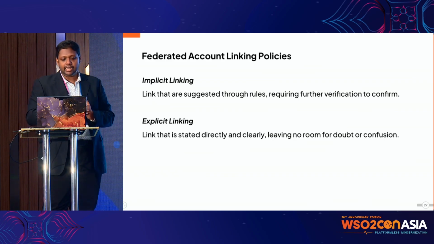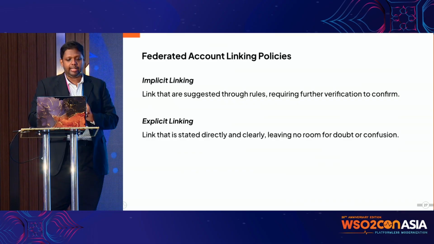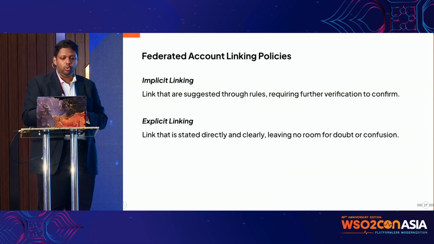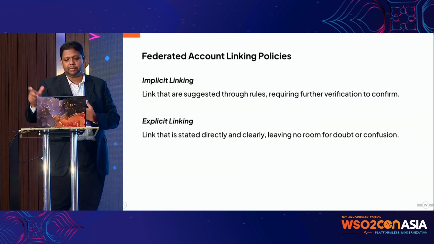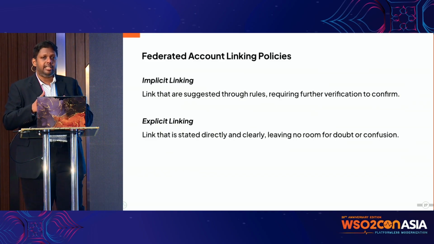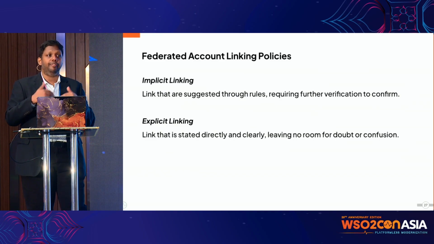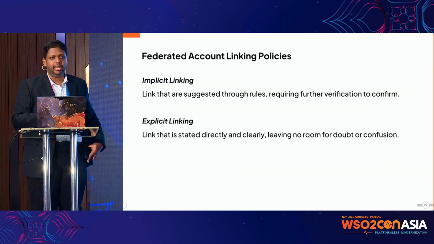So with implicit linking, basically the link is suggested through some rules which require further verification in order to be confirmed, right? So for example, when you say rules, you can say, okay, if the first name this many letters match, or the last name this many letters match, if the email matches, if the mobile phone number matches, whatever, you can write your rules, and still it cannot be confirmed, so you need to verify the user by asking some questions, and you can confirm the link, right?